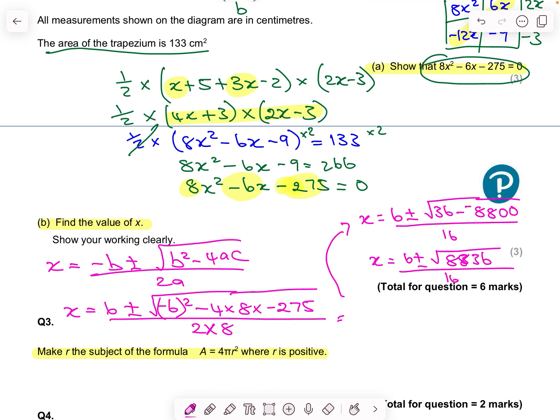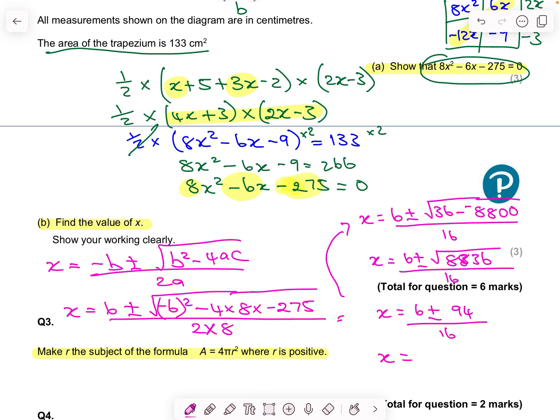So let's do that. So what's the square root of 8,836? Actually does give you a round number, 94. So 6 plus or minus 94 over 16. So the first one we'll do 6 plus 94, which gives us 100, and then divide that by 16.